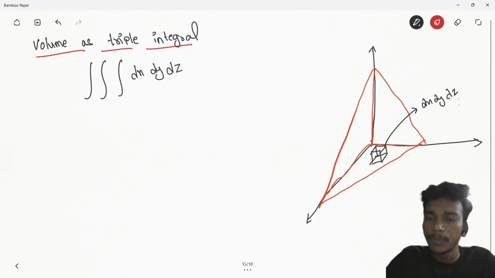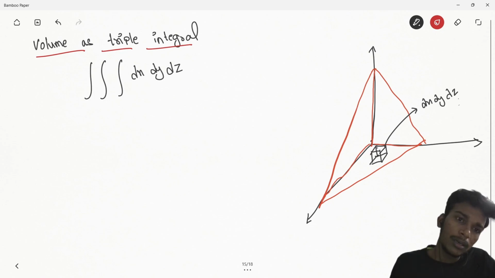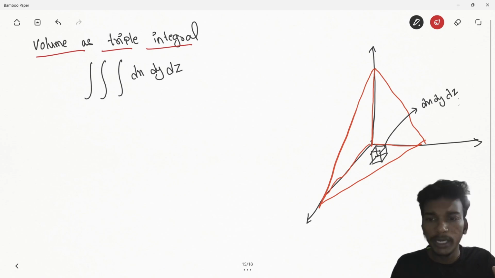If you consider 3D space, and you integrate, I mean sum up, all the small cuboids in a particular region, then we are going to get the volume.